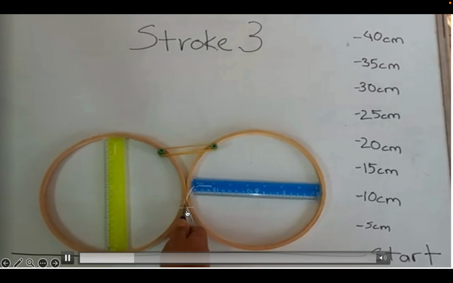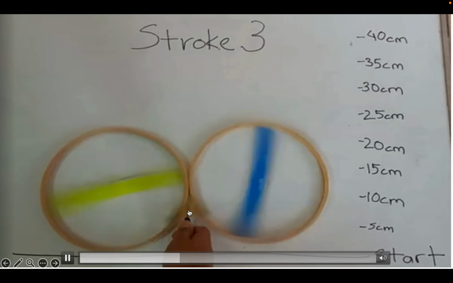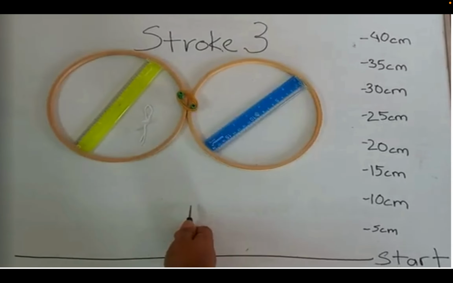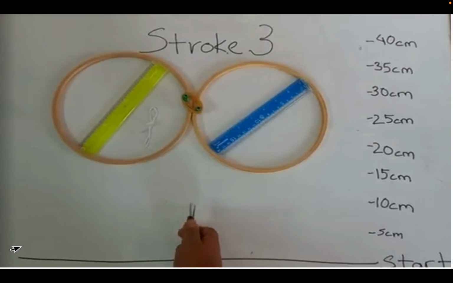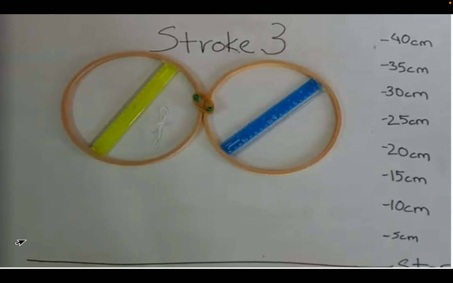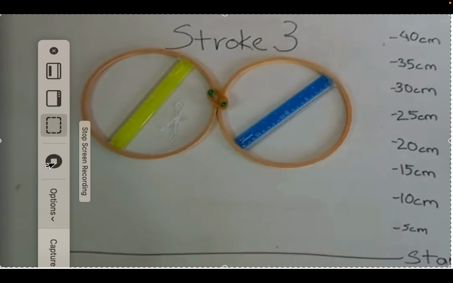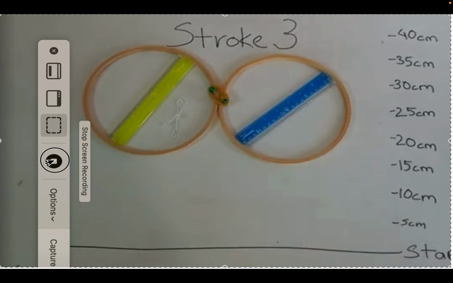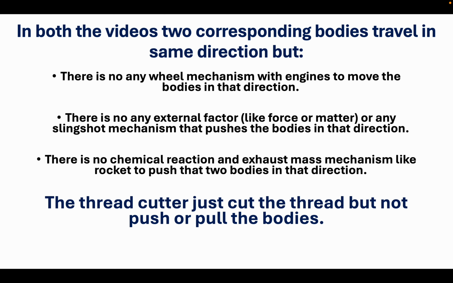When the thread is cut over here, the ring moves forward and there is no role of the ground pushing this ring forward. The movement is achieved totally by the interaction of these two bodies. Okay, let's move to the next slide.